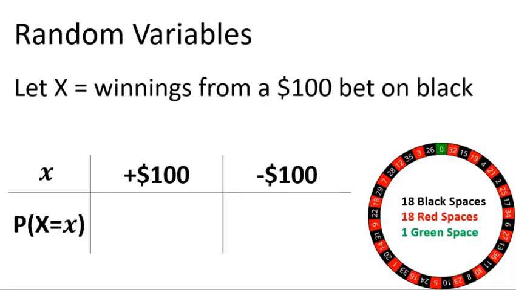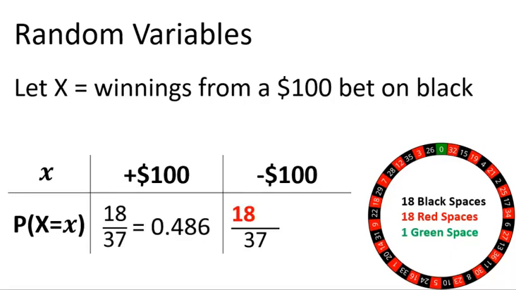And in the bottom row of the table, we can find the probability of our random variable, capital X, when the lowercase x is positive 100 or negative 100. Now, there are 18 black squares out of a total of 37 squares on the wheel. So the probability of winning $100 is 18 over 37, or 0.486.